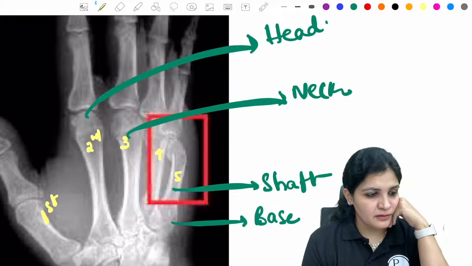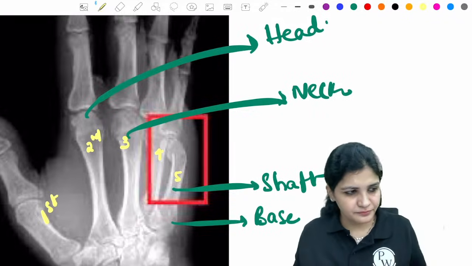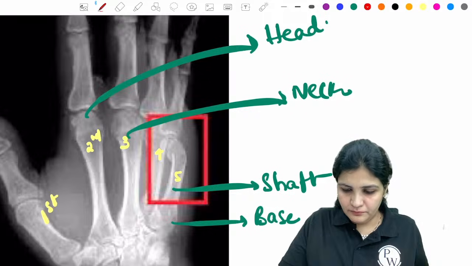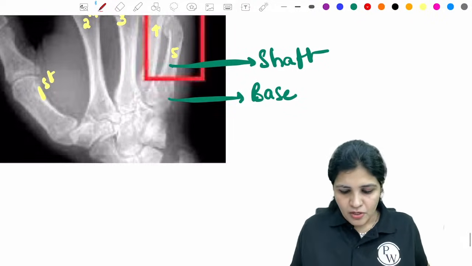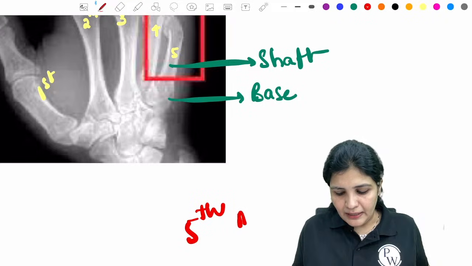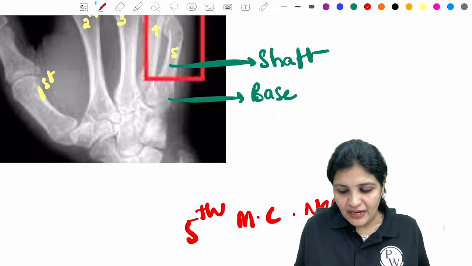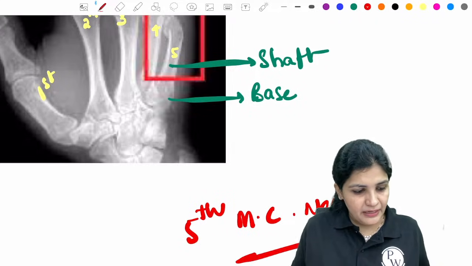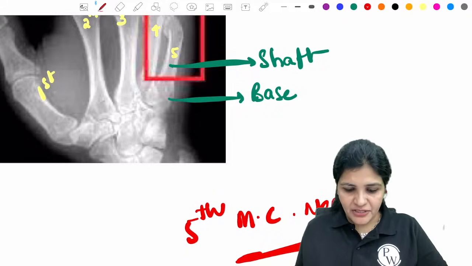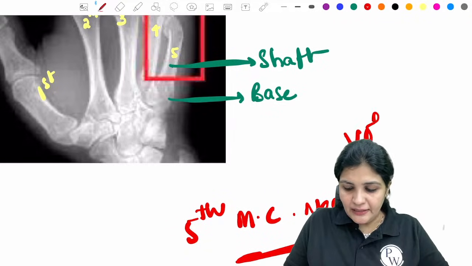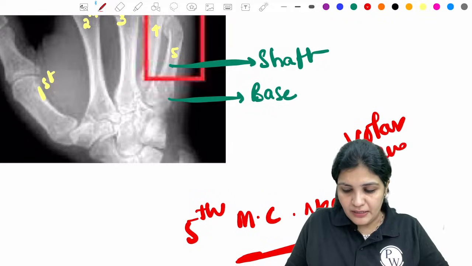Yes, faster. So this is a fifth metacarpal neck fracture, and you can see there is slight volar angulation.